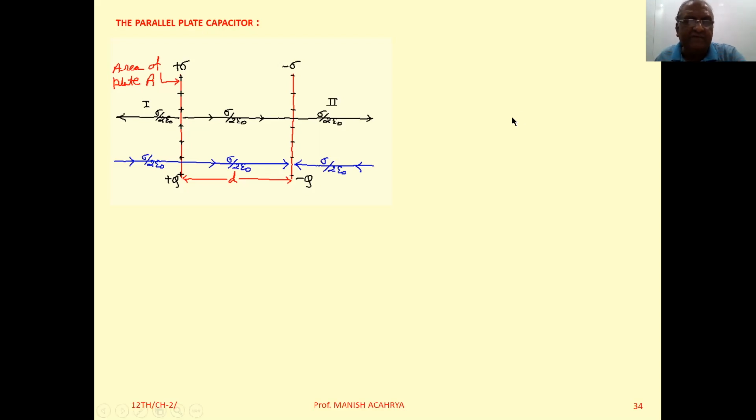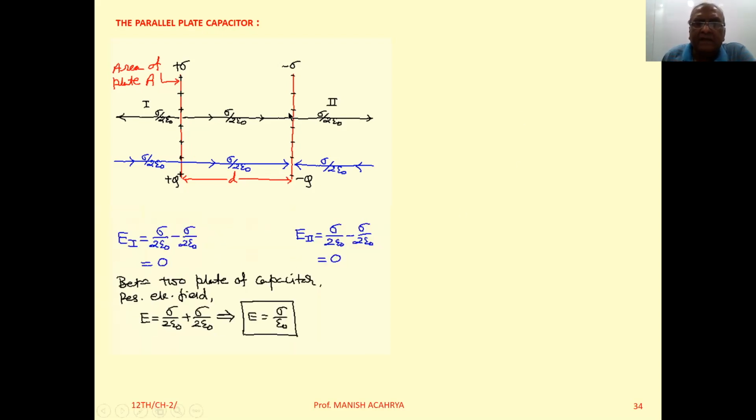So now see here, on the outer sides of these two plates, suppose we think about this region number 1, then the electric fields of the positive and negative plate are both the same in magnitude, sigma upon 2 epsilon 0, but these two are in mutually opposite directions, so the resultant is equal to 0.